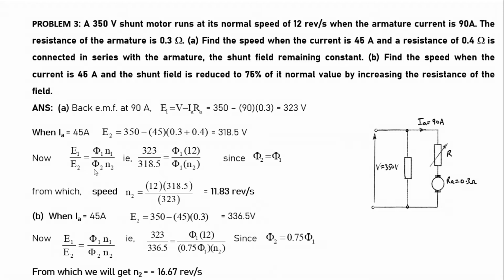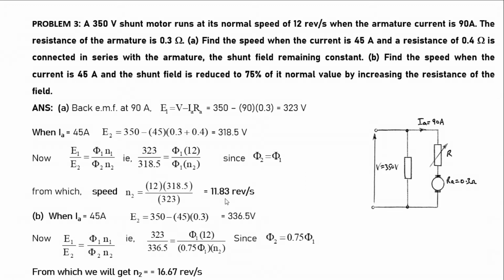So the flux remains constant. With this condition, E1 by E2 is equal to phi1 N1 by phi2 N2. E1 is given, E2 is given, phi1 is constant and will not change in both cases, so it will cancel. N1 is the initial speed of 12 revolutions per second, and N2 we need to find. From this we will get N2 as 11.83 revolutions per second.